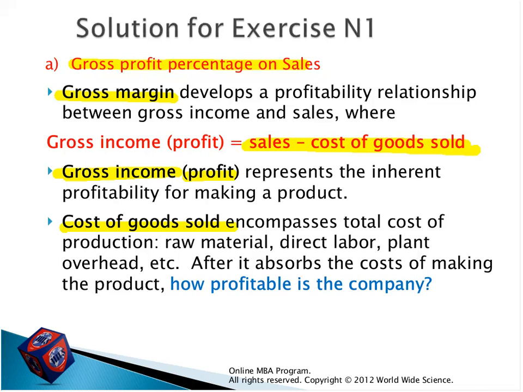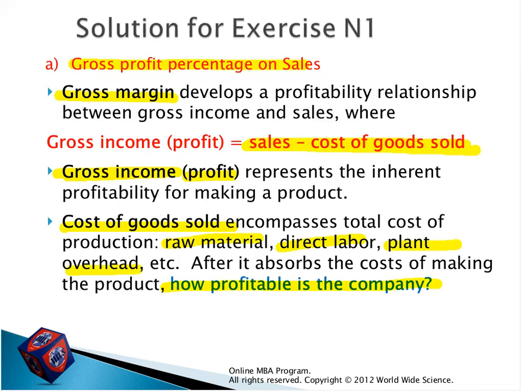This is the raw materials, direct labor payments, some plant overhead, and so on. So the main question for this ratio is how profitable the company actually is. This ratio gives the answer to the main question: how profitable our company, how profitable our business.